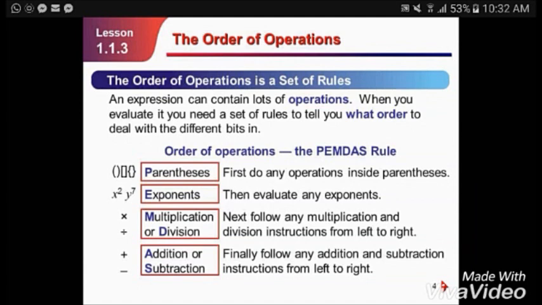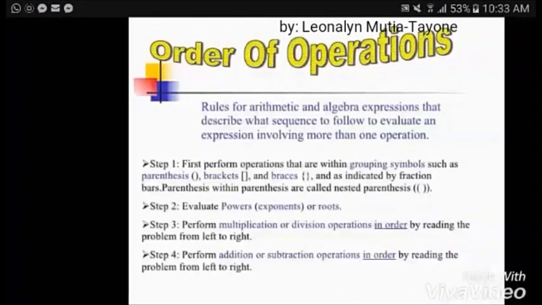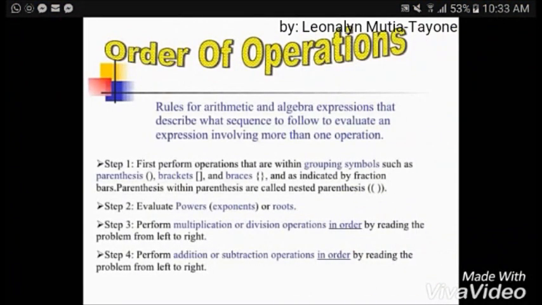Then let's have a brief review about the order of operations, which I took from various websites, including our Philippines grade 5 and grade 6 textbook. So we have here the order of operations. First, perform operations that are within grouping symbols such as parentheses, brackets, and braces, and as indicated by fraction bars.